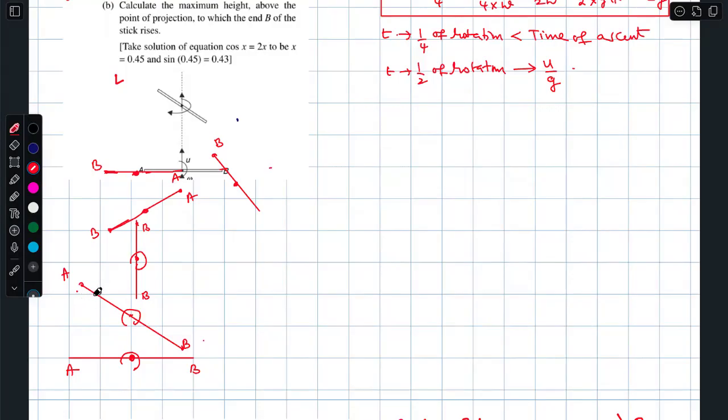Now what I need to study with respect to center of rod is the position of B. What is the position of B?